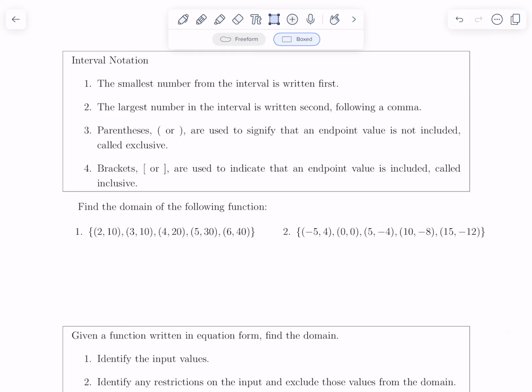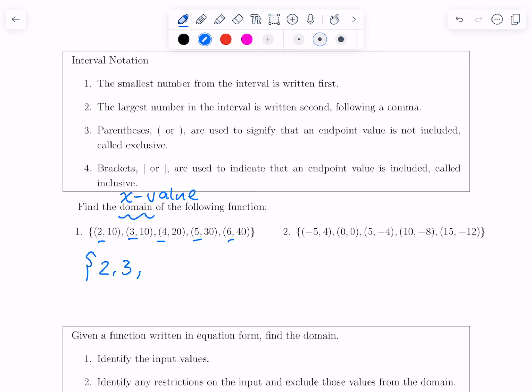So if they want you to find the domain of the function or the points over here, what does domain mean? It means all the possible x values. If I have an ordered pair, it always comes with x, y, right? So I only look at the first number inside my parentheses. So I got 2, 3, 4, 5, 6.